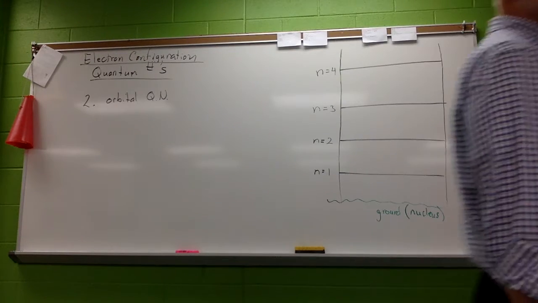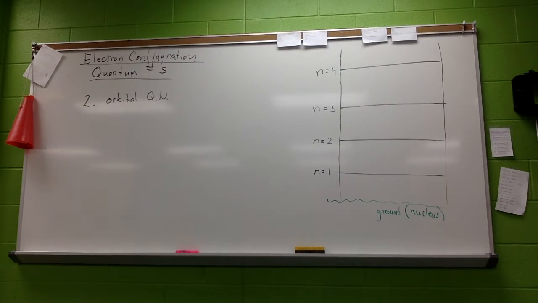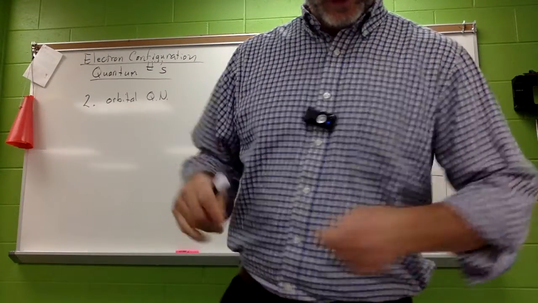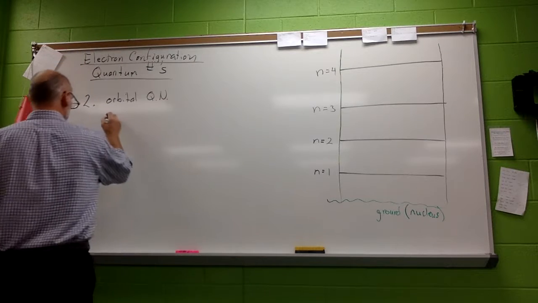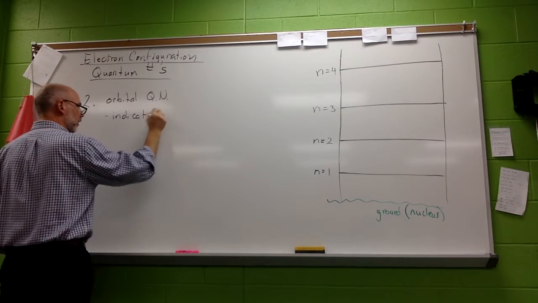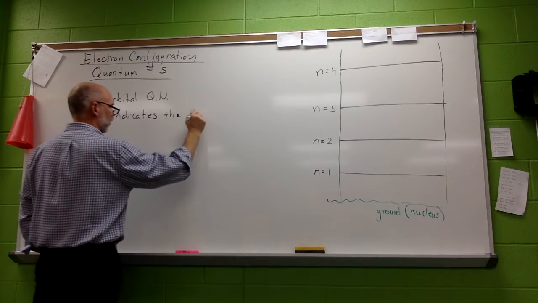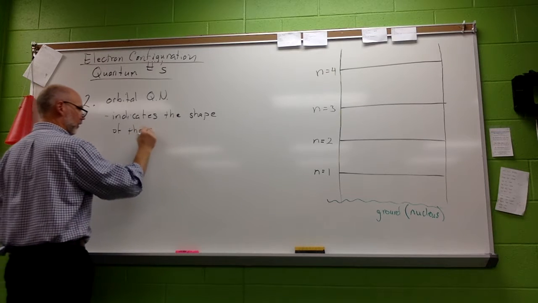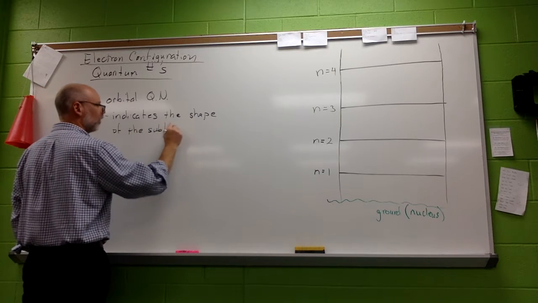I wouldn't get worked up about that. So anyway, we'll go with orbital quantum number. What this does is indicate the shape of the sublevels.